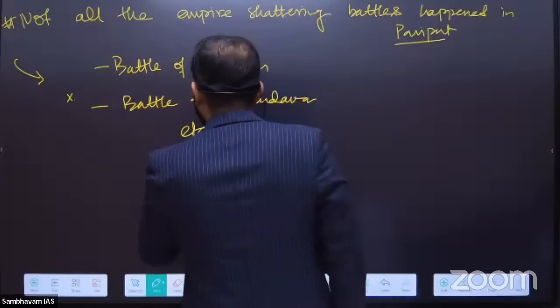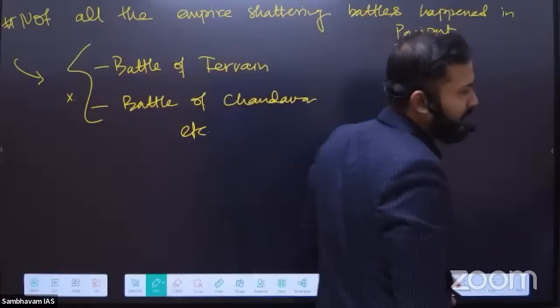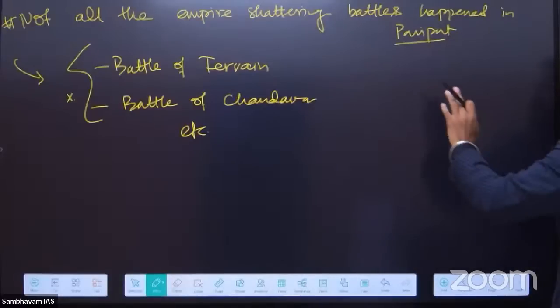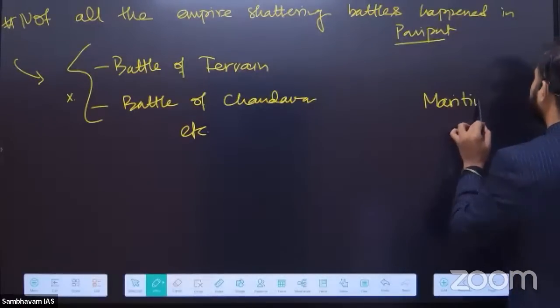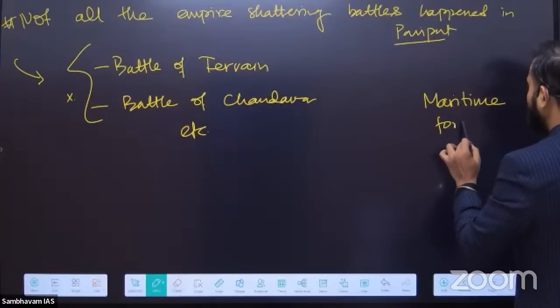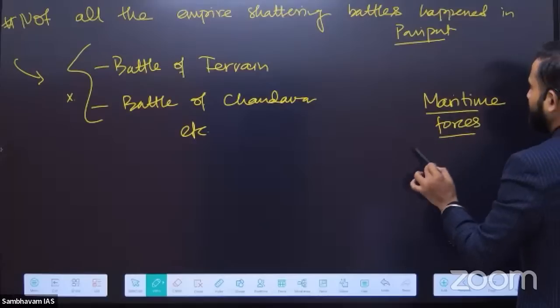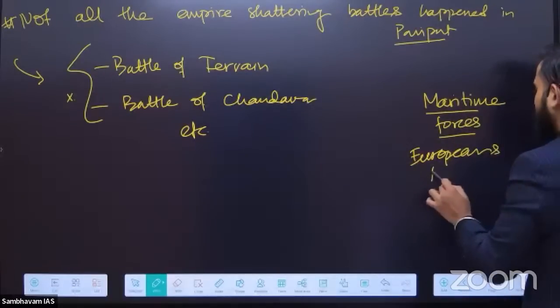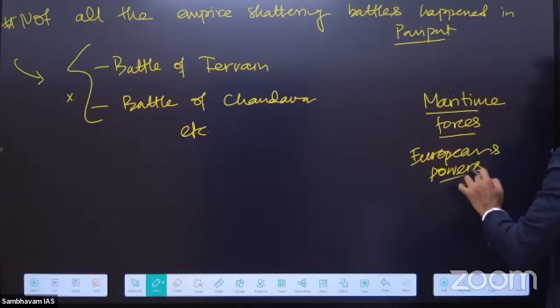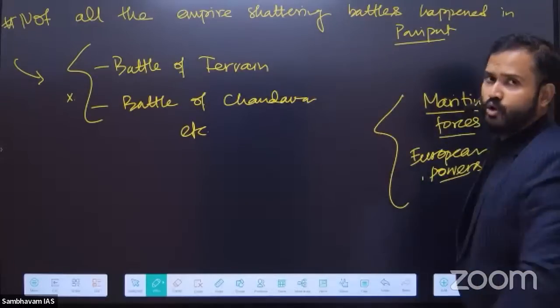Etc. They were also equally empire shattering. Also the other powers, especially the maritime forces. That means European powers, when they attacked, had nothing to do with India's northwest.